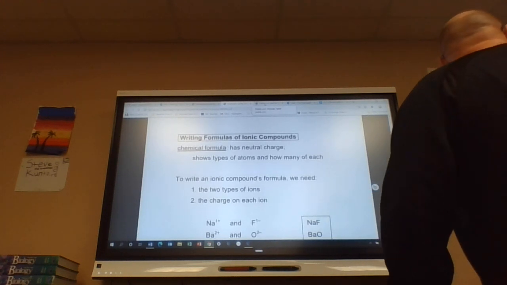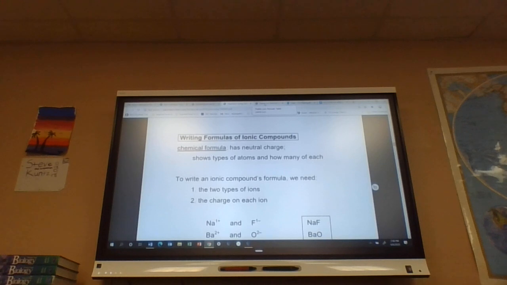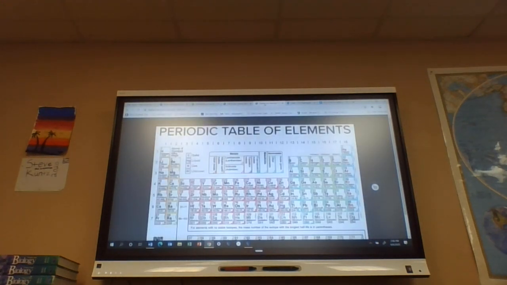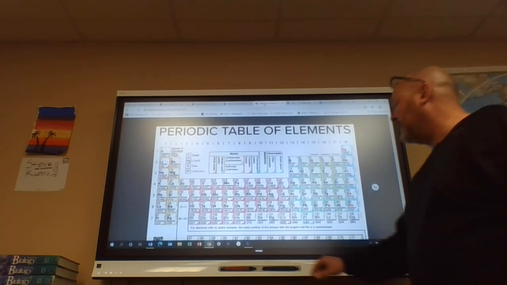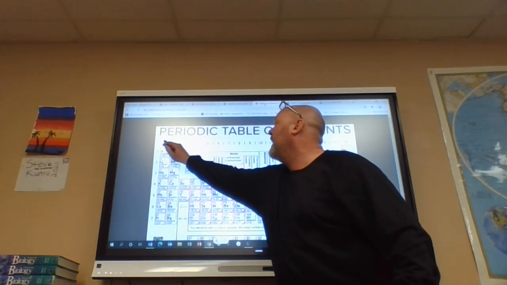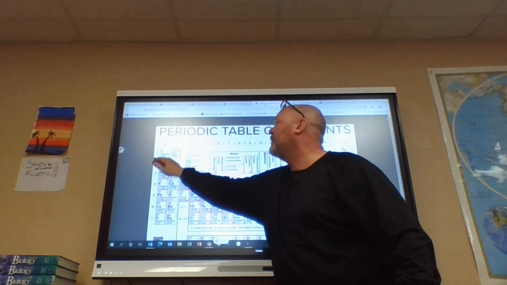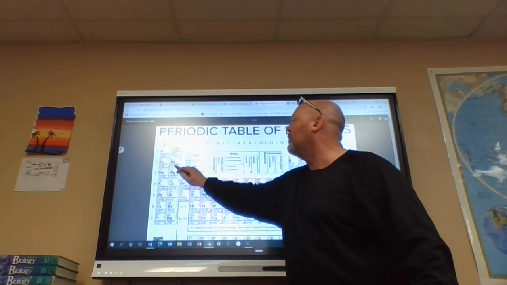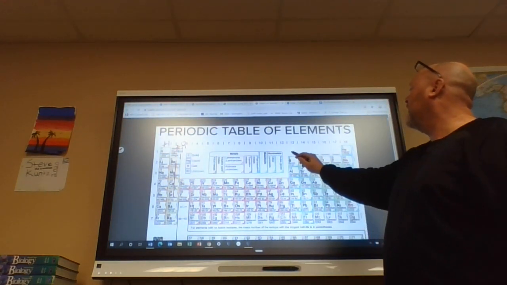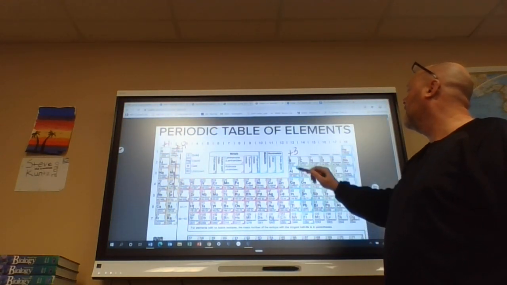So one of the things I'm going to let you know is I sent home a periodic table, and I put the charges on your periodic table. Starting at hydrogen, everything in this whole row is +1. Everything in this row is +2. Everything in this row is +3.